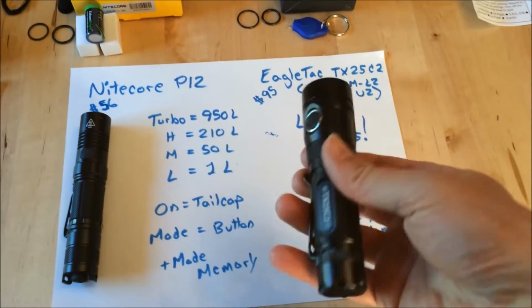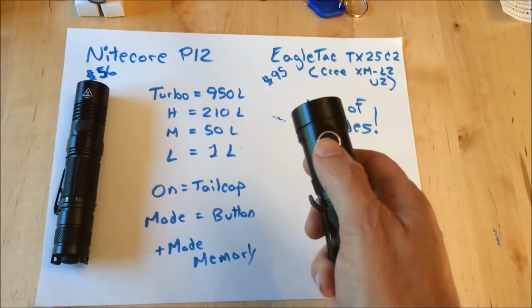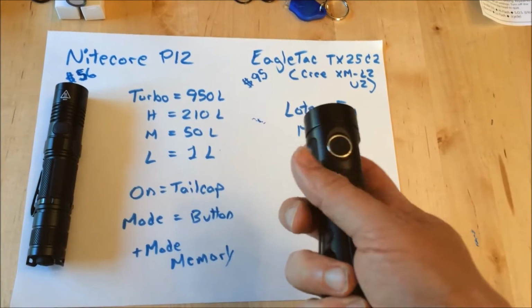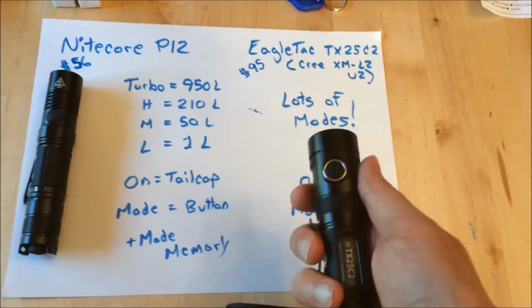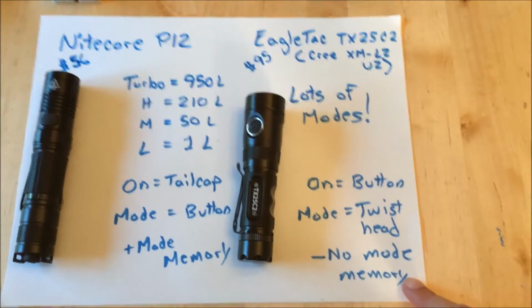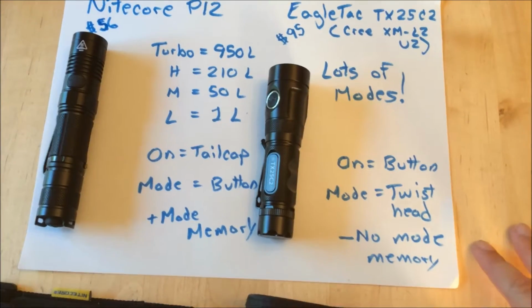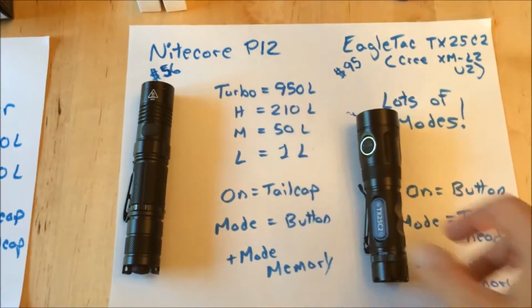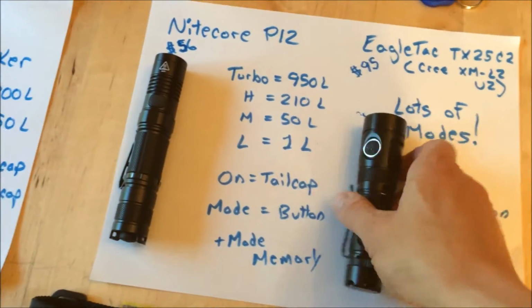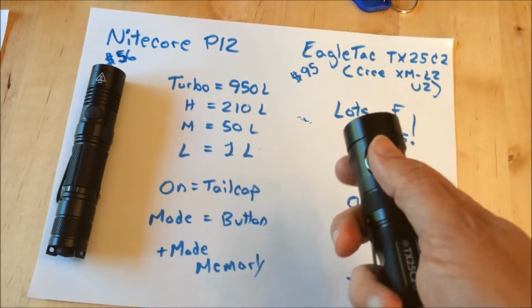To change between modes in the EagleTac, we're going to use a combination of button presses and twisting of the head. Now, I said earlier that there's no mode memory with the EagleTac. That needs to be clarified. In a sense, there is mode memory, but it's based on the position of this head when you turn it on.